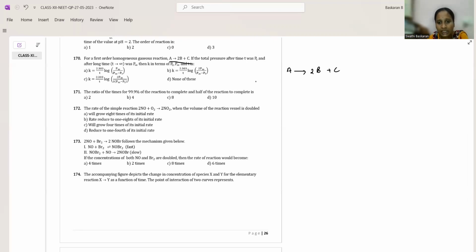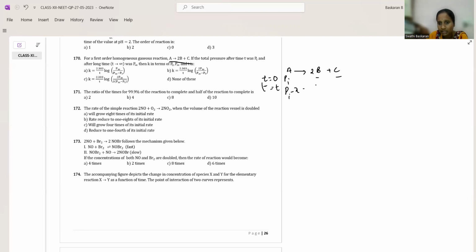Now how do we approach these types of questions? We have to write all the conditions, right? So what are the conditions? When t is equal to 0, the initial concentration is Pi, and there will be no formation of products. Similarly, if t is equal to t, this concentration will become Pi minus x.